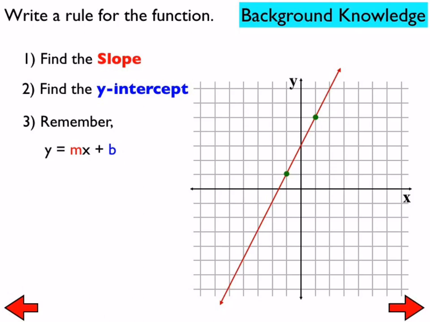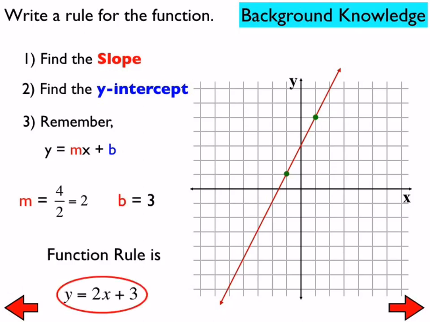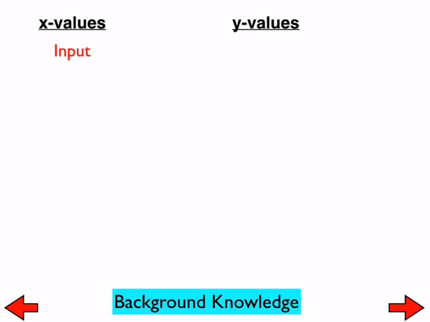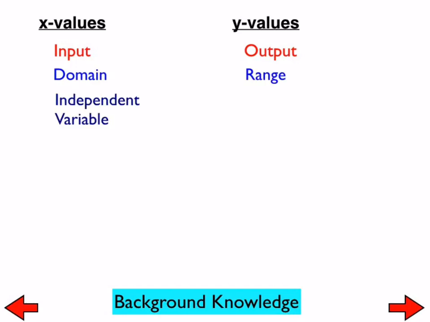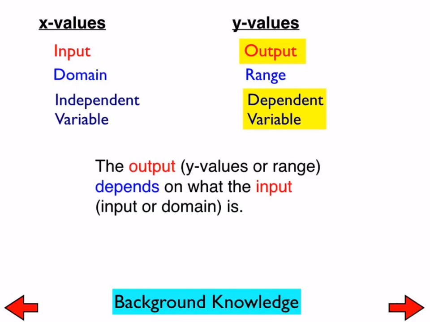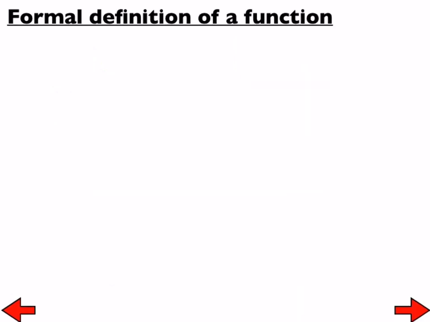So you can certainly expect those sorts of things to be on tomorrow's quiz. And then the relationship between different things that represent x values like input and different things that represent y values like output, or the other names that we've used like domain and range and independent and dependent variable, which once again we'll go into a little bit more detail today.